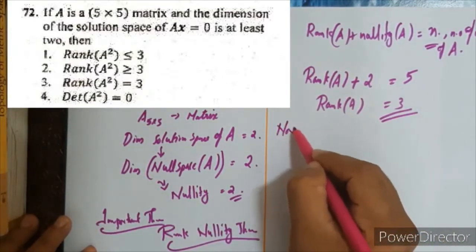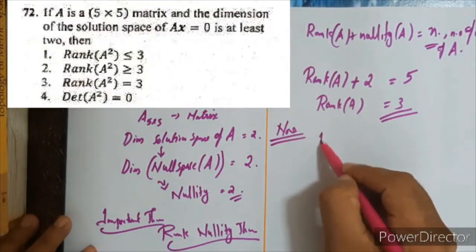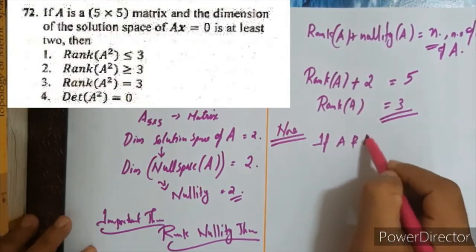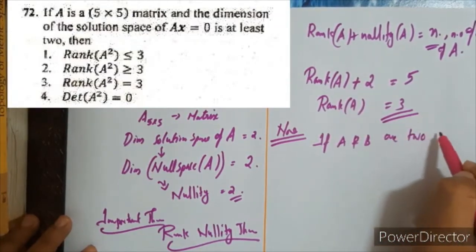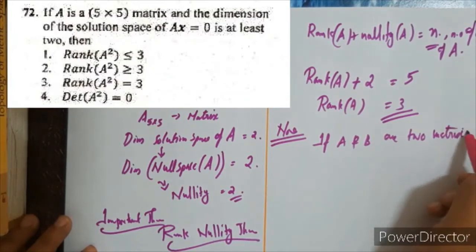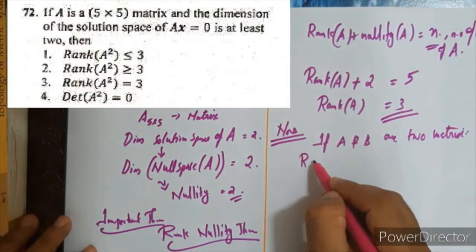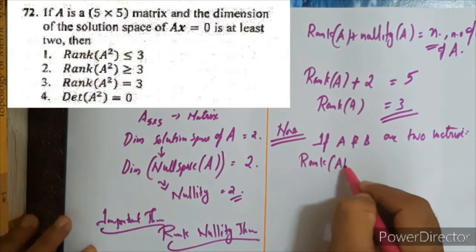Now if A and B are two matrices, then what do we mean by rank of AB?